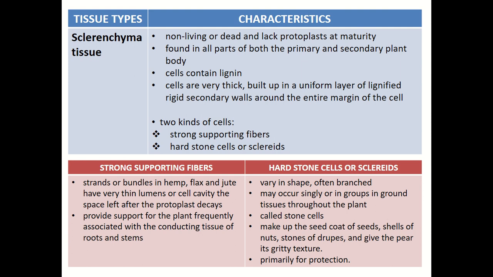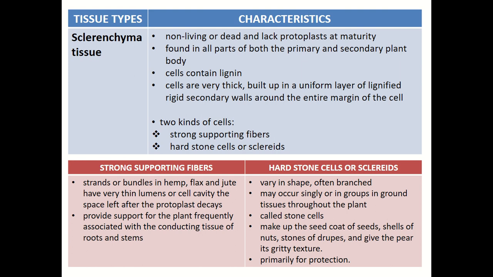The next type of cell that you can find in sclerenchyma tissue is the hard stone cell, which is also known as sclereids. Sclereids are variable in shape and often branched, and they occur either singly or in a group in the ground tissue throughout the plant.